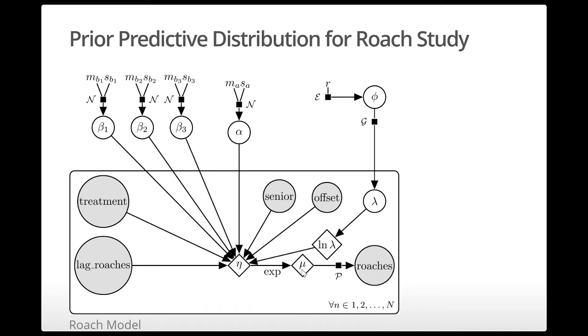So if we were to think in terms of normal priors on alpha and beta 1, beta 2, beta 3, let's say beta 1 applies to the previous number of roaches, beta 2 applies to the treatment variable, and beta 3 applies to whether it's a senior building or not. What might be some reasonable choices for the prior means and prior standard deviations of our coefficients and our intercept?